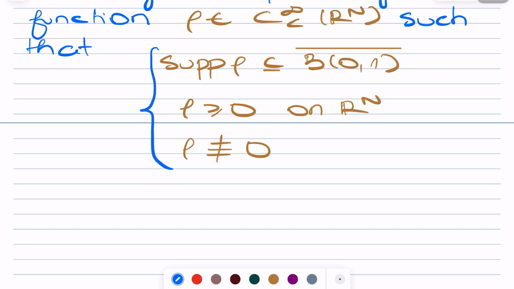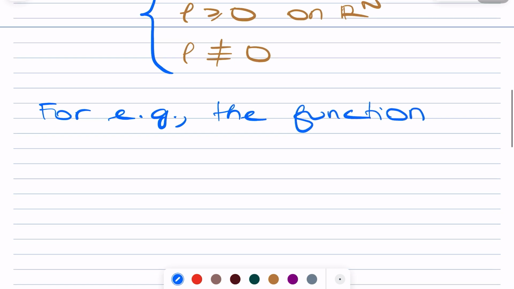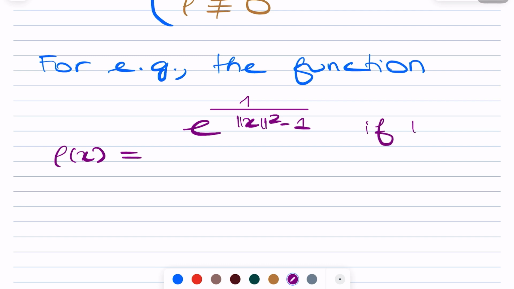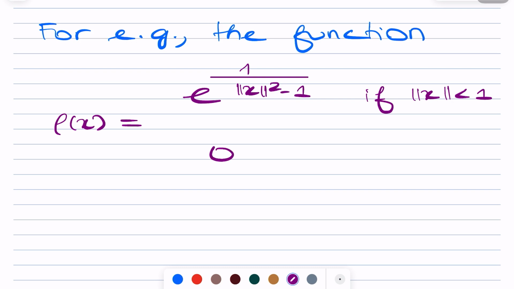Okay, so for example, let me give an example of such a function. The function defined by rho of x equals exponential of 1 over norm of x squared minus 1 if the norm of x is strictly less than 1, and 0 otherwise.